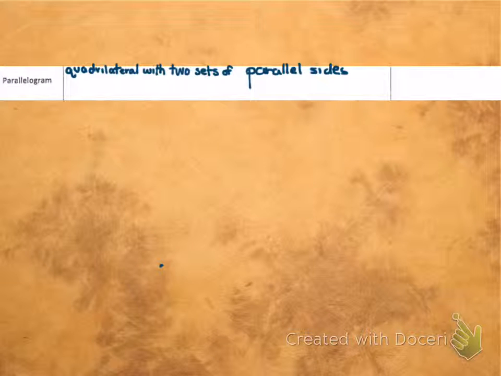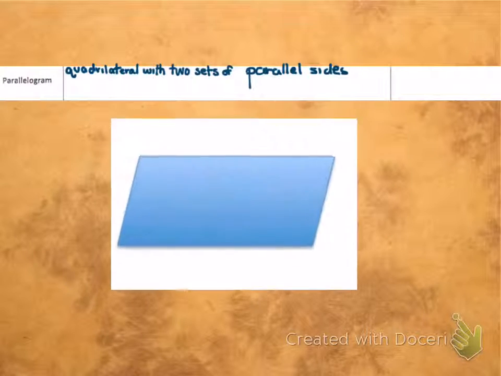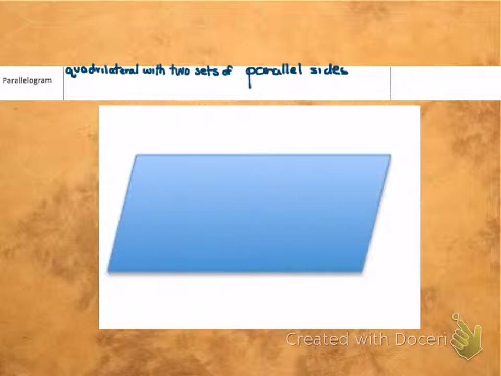So a parallelogram is a quadrilateral with two sets of parallel sides. So we have a little sketch of a parallelogram there, and I'm going to just blow that up for you so you can see what I'm drawing and put some markings on there.